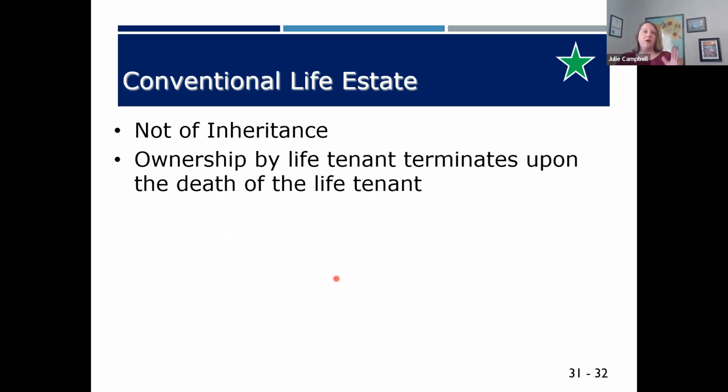The owner only owns it for their life. When their life is over, their estate, their interest, is over. Once the owner passes away, the ownership goes back to the grantor, or if the deed names a third party, it'll go on to them.